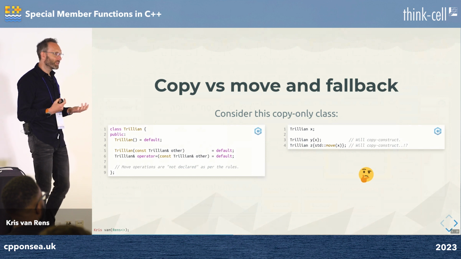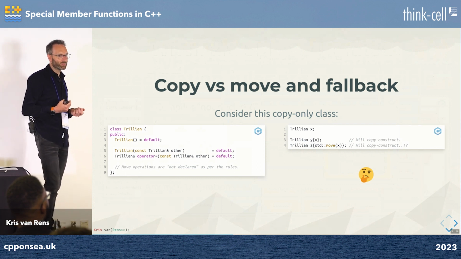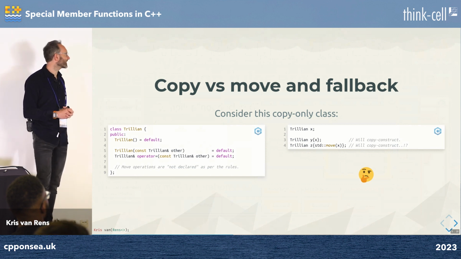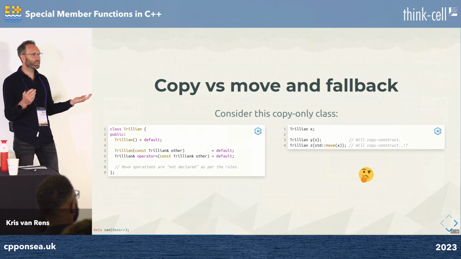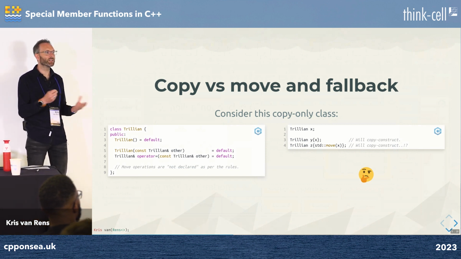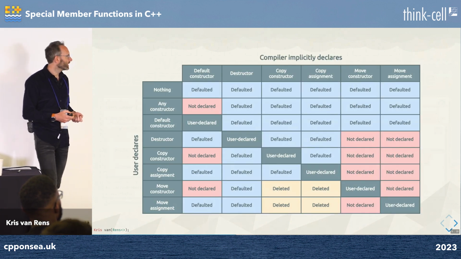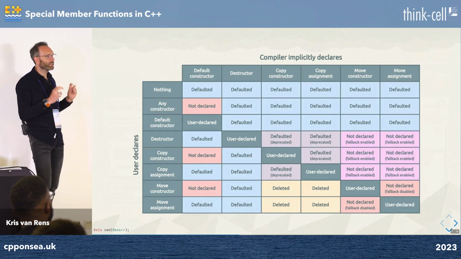Well, obviously, when the language designers created move semantics, they had to take into account all the backwards compatibility in the language. They couldn't just have all the code that didn't have move operations fail. So what they decided to do is make this table not like this, but in reality it's more like this.